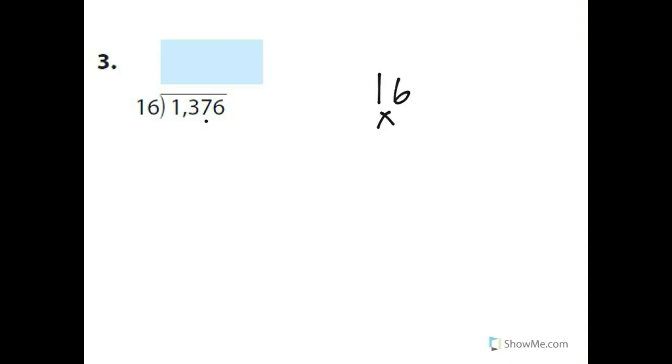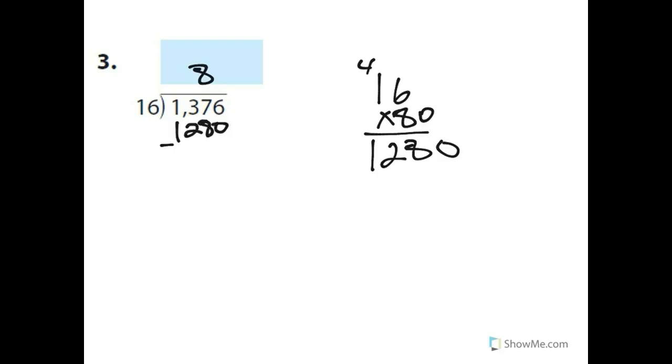So 16 times 8. 8 times 6 is 48. 8 times 1 is 8, plus 4 is 12, 128. So if it's times 80, it would be 1,280. So I'm going to put the 8 here, 1,280.